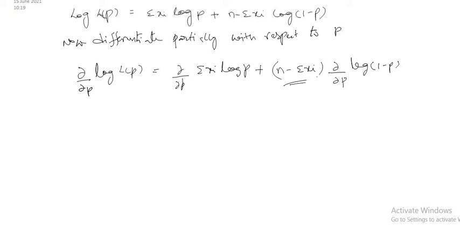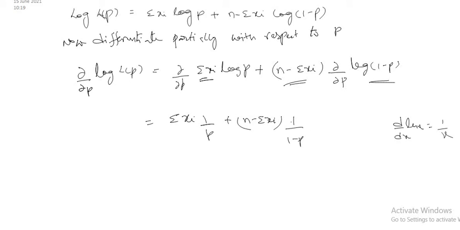Because summation xi is constant, we can take it outside. The derivative of log x is 1 by x, so we get summation xi times 1 by p, plus (n minus summation xi) times 1 by (1 minus p). Again we need to differentiate 1 minus p, so you will get minus 1.